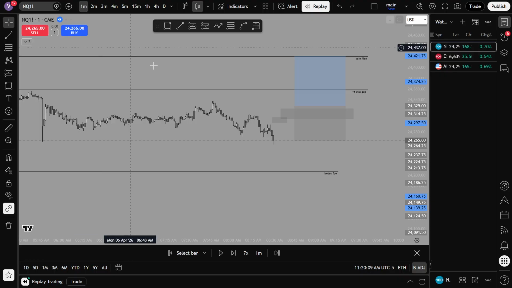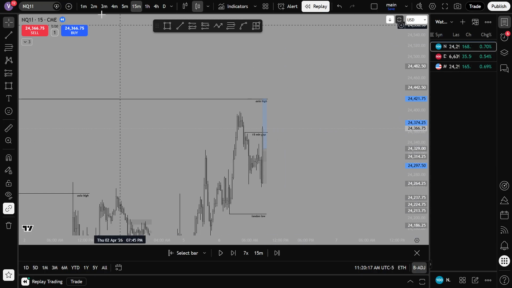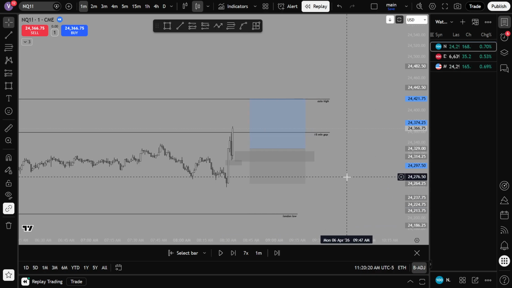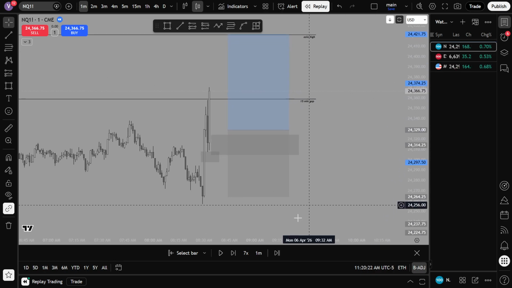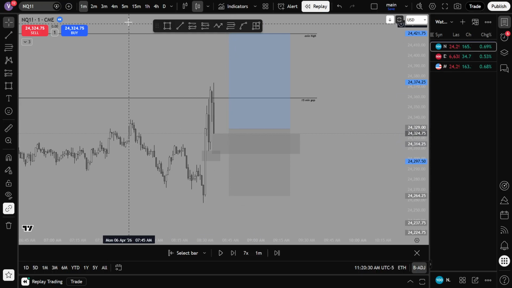So then coming into market open, we open up extremely bullish. We go and we now tap into this 15-minute gap. So now initially I was looking for some type of shorts, but we never hold up. Yeah, I was looking for some type of shorts.